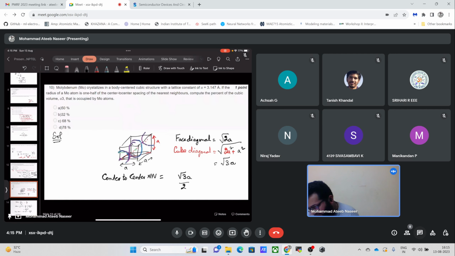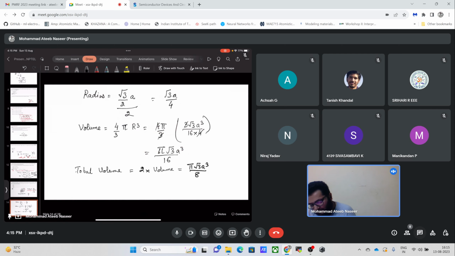Now we have been told to find its percentage of the cubic volume. So this percentage of the cubic volume would simply mean that we have to divide by a cube. So the percentage volume of this cube occupied by this molybdenum would simply be this total volume divided by a cube into 100.